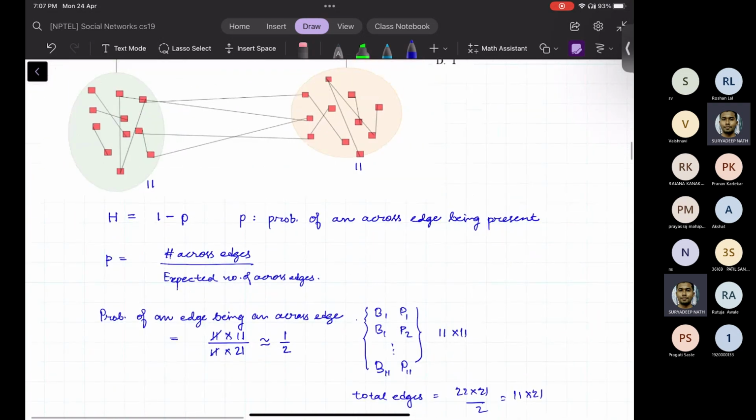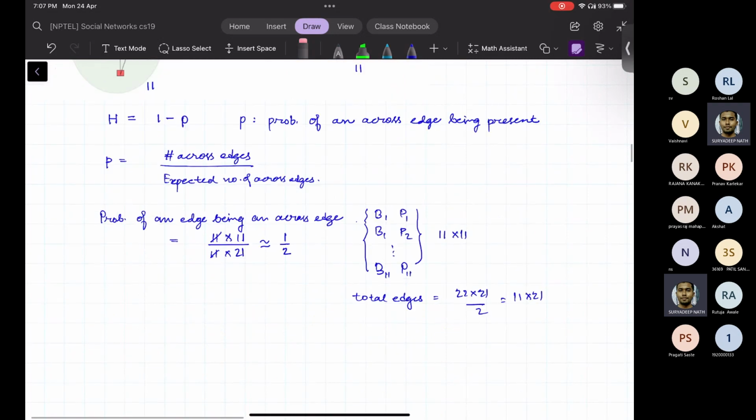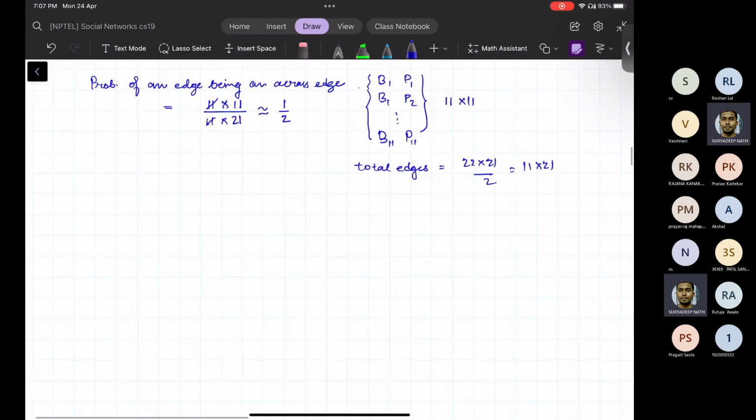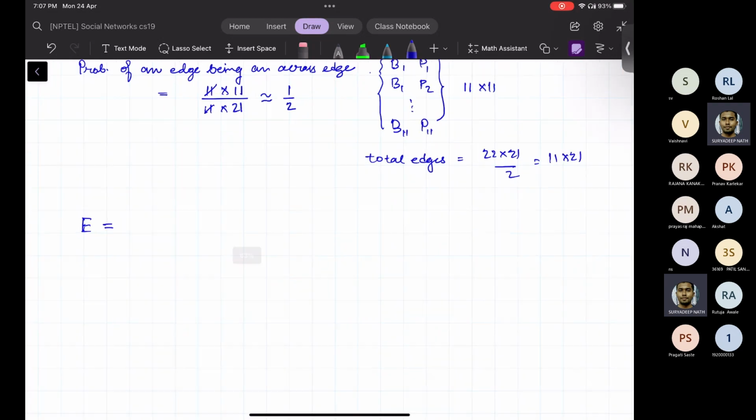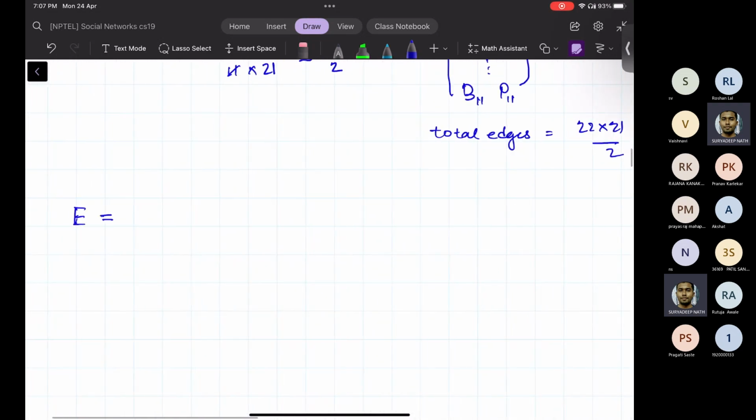So now how to find the expected number of edges? Let us call this E. To find E, let's say X be a random variable denoting total across edges.